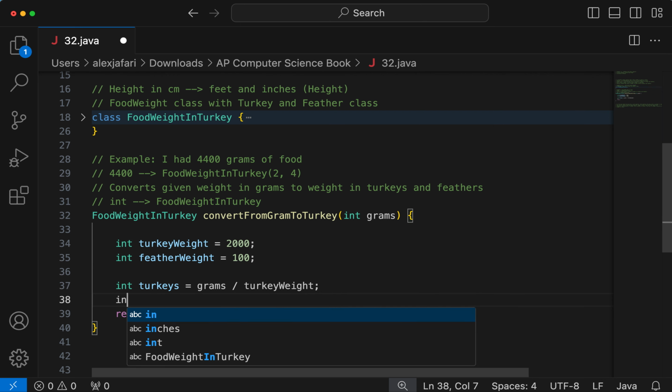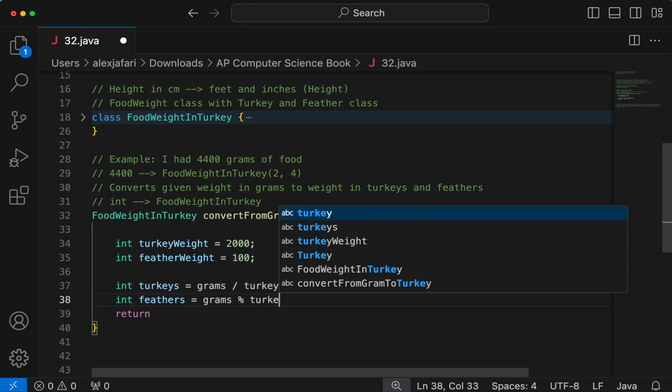And then for feathers, we're going to use something called modulo, which means taking the remainder. So we're going to take grams, remainder of turkey weight.